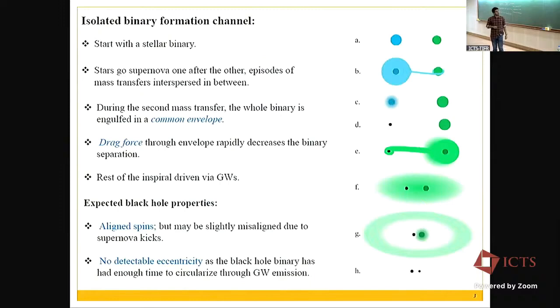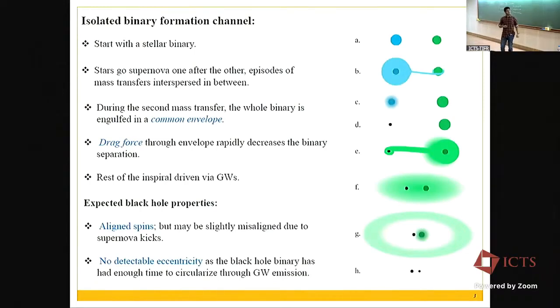And it is because of the motion of these objects in this gaseous environment that drag due to this gaseous environment makes them lose energy and tighten their orbit. And ultimately, the second star also undergoes supernova and becomes a black hole, and you get a very tight orbit of black holes. So this is this particular formation channel. After this point, gravitational wave assisted inspiral can drive them to merger within the age of the universe.